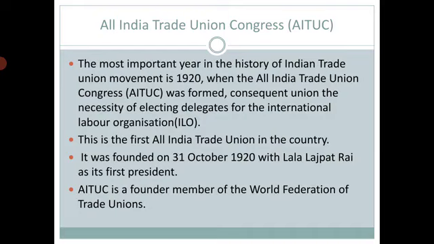Many of the time, they don't have security in respect of many of the things. For example, they don't have security related to employment, salary, the working environment, the workplace.